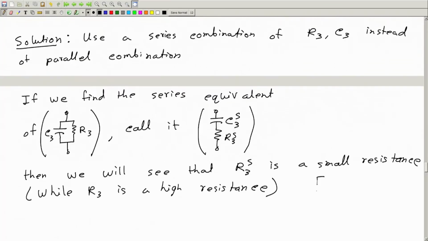So, let this be a small homework. Okay. You just have to find the equivalent C3S R3S, and you will see that if R3 is high, R3 series will be small.